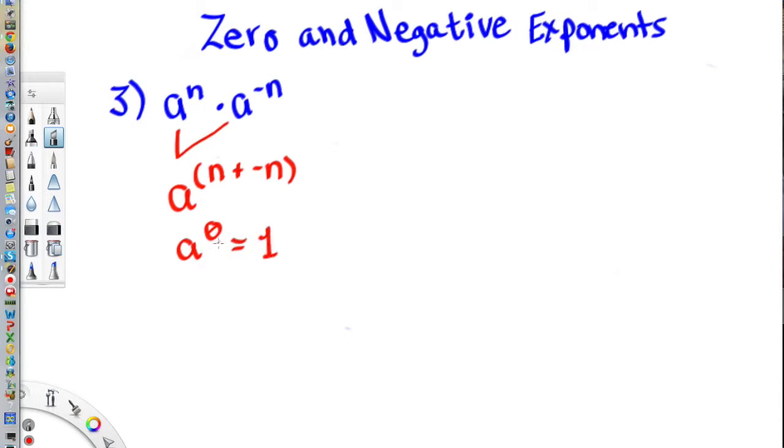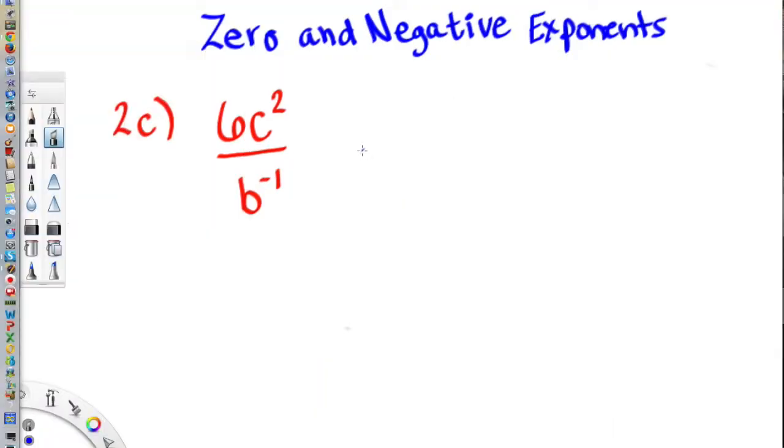I have a to the 0 power, so you don't have to know what a is. You know it's going to be 1. Why is that true? Remember, a to the 0 power is really a over a. So anything divided by itself is going to be 1.